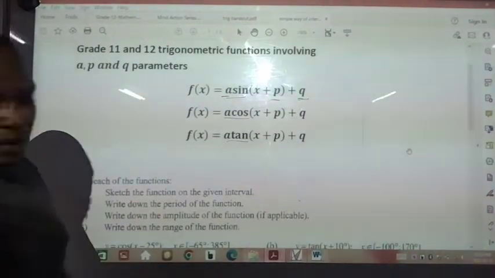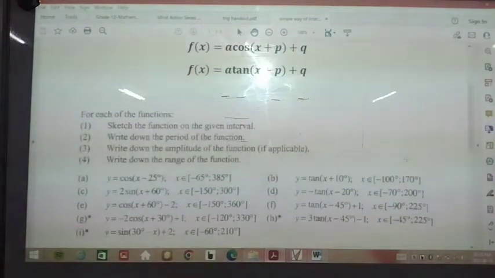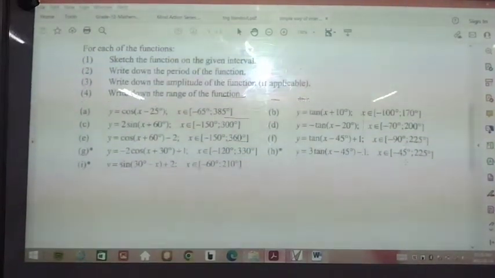Now, I have some questions here that we may look at. For each of the functions, sketch the function on the given interval, write down the period of the function, write down the amplitude of the function if applicable, write down the range of the function.